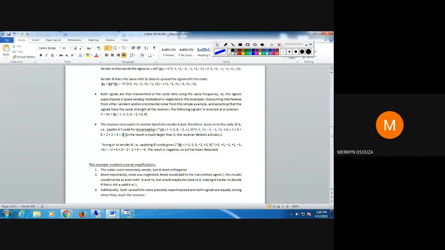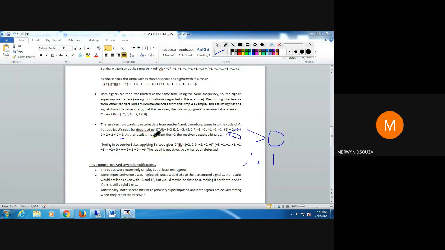Then you say that since 6 is greater than 0, station A has sent the bit 1. Please remember this: the answer obtained is 6, 6 is greater than 0, therefore it is 1.